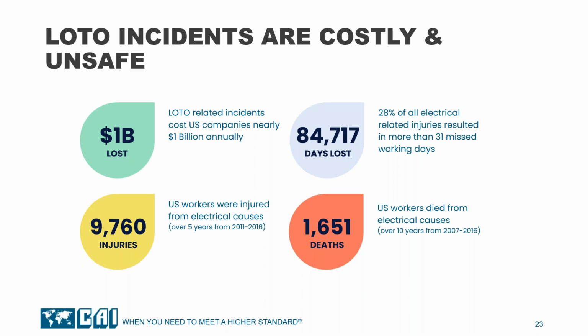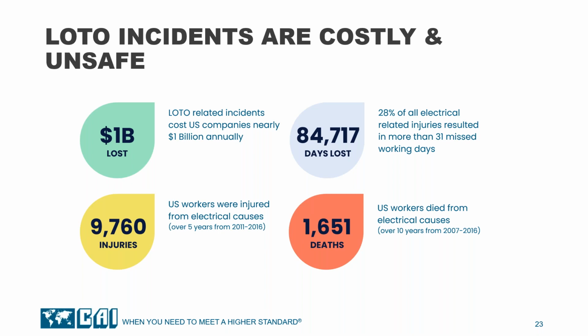And as a US entity, nearly 85,000 days lost in work. From 2011 to 2016, nearly 10,000 injuries, and from 2007 to 2016, 1,651 deaths. So the stakes are real as we go through this when we look at the safety of what our technicians can work at within their environment. And I cannot stress that enough as we go through this.